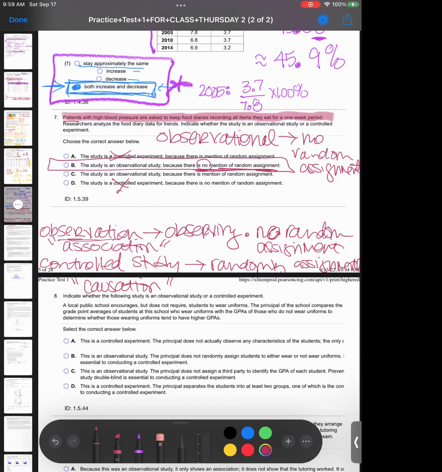So if they put people on that diet and controlled their food, had them keep a food diary, and then had the normal people, and then measured their blood pressure at the beginning and the end, that would be more of a controlled experiment. It's not a blind one because they know what diet they're on. But that would be more because they control what happens.